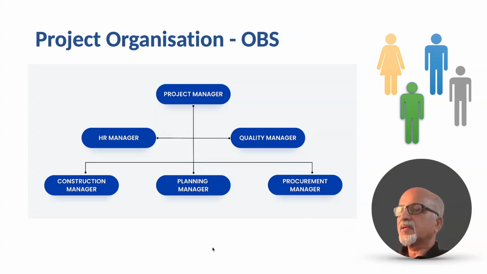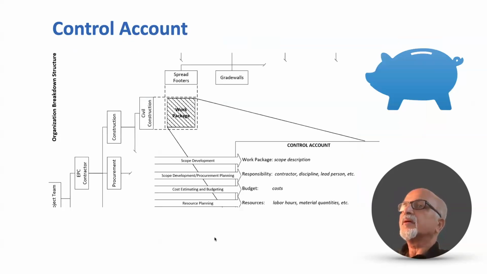Then once the work breakdown structure is done, it is a good time to go to defining the organization breakdown structure, like the team structure for the project manager, HR manager, quality manager, construction manager, planning manager, procurement manager, etc. Now we have the work breakdown structure and the project team structure, or the OBS, the project's organization breakdown structure.